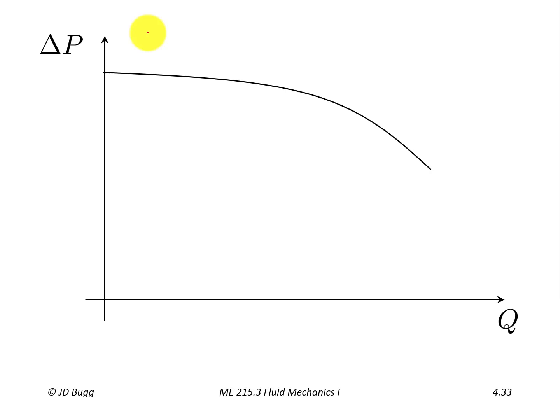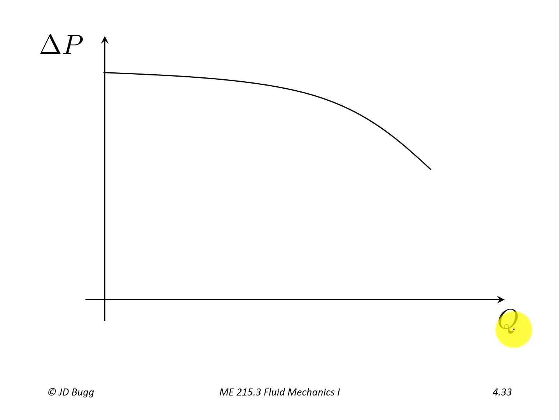And we'll go into this in great detail in the turbo machinery section of the course, but centrifugal pumps are capable of providing a certain pressure increase which decreases as the flow rate increases.